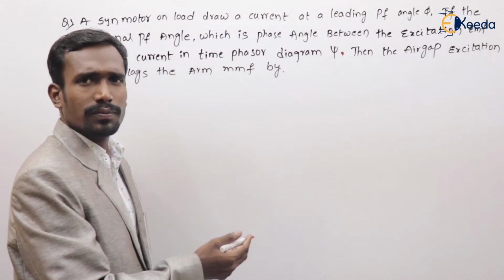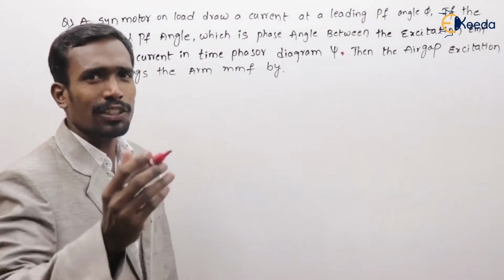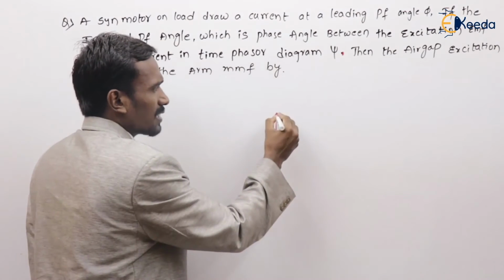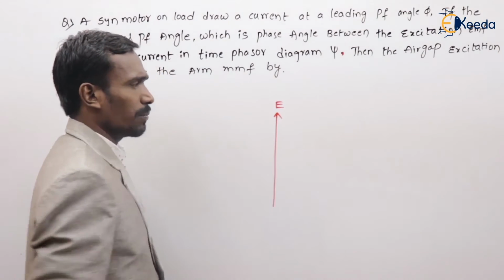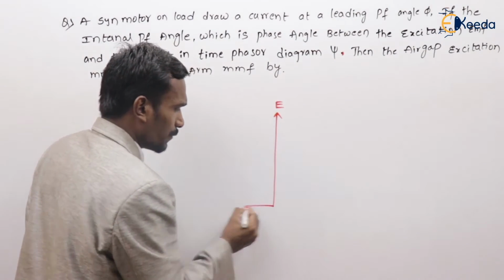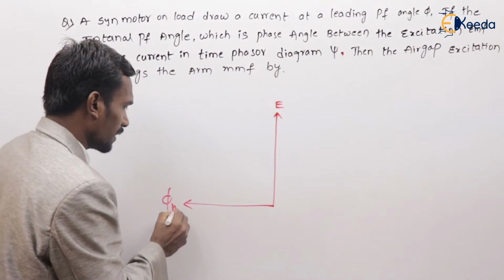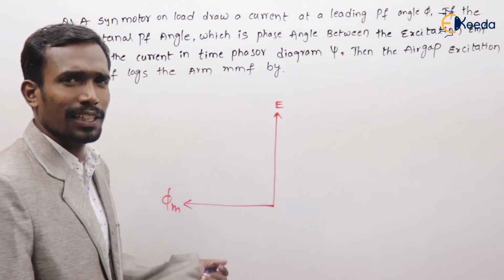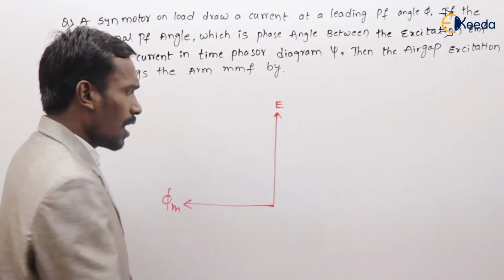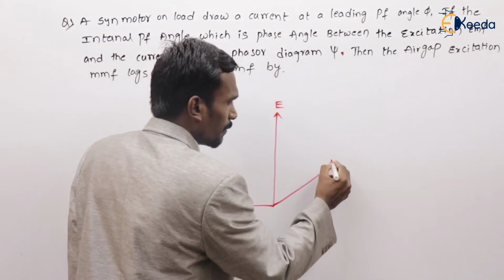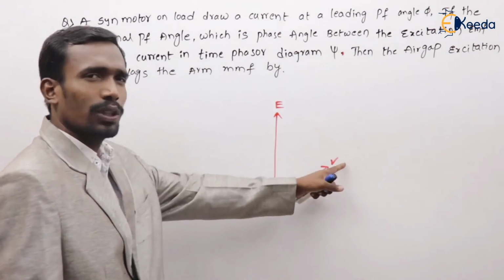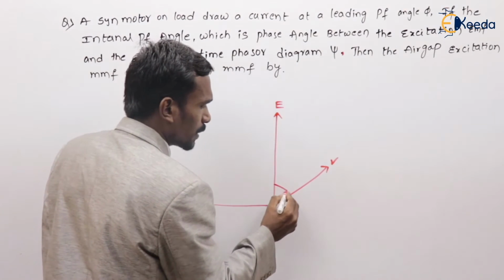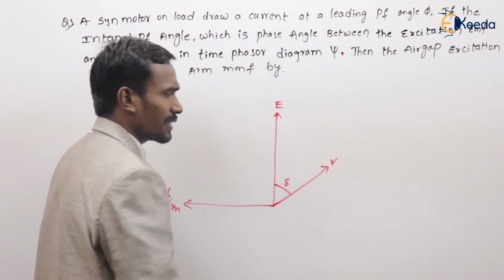Actually, I will give you for an alternator first of all. For an alternator, for example, this is induced EMF E, and this is my main field flux, excitation flux phi m. And generally, this is the terminal voltage V, and induced voltage E. The angle between these two is called delta.